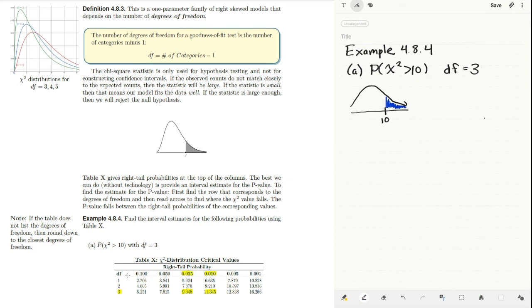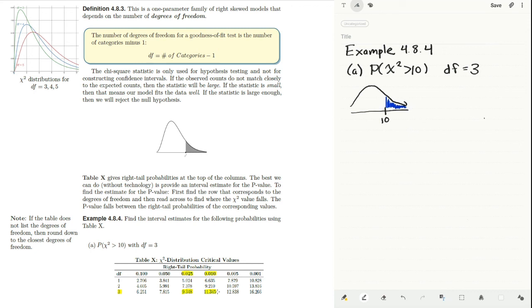So the first thing we'll do is locate the number of degrees of freedom along the first column. So here we have 3 degrees of freedom, and now we want to read across the row to see where the value of 10 falls within the table. So the value of 10 falls between 9.348 and 11.345.